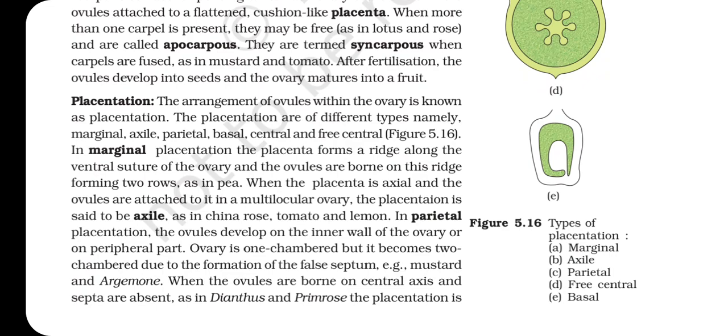In parietal placentation, the ovules develop on the inner wall of the ovary, on the peripheral part. The ovary is one chambered, but it becomes two chambered due to the formation of the false septum, the replum.